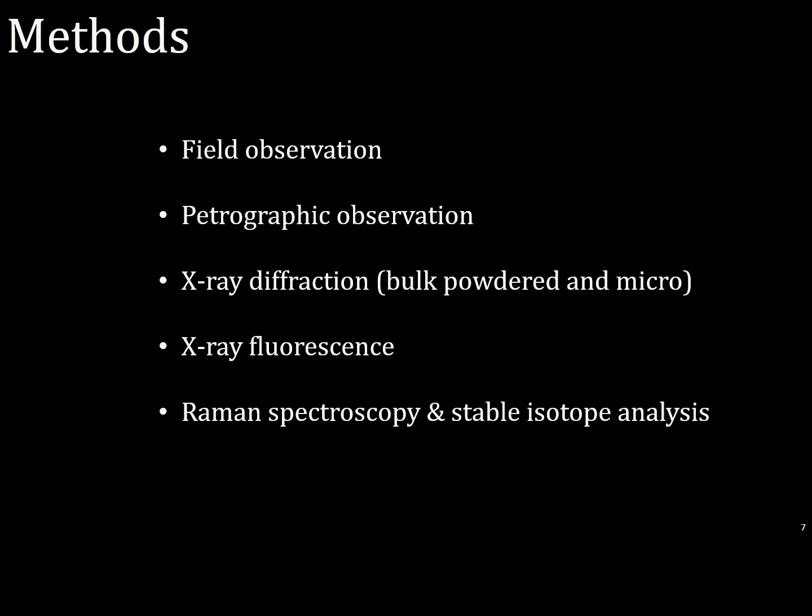The methods to do that: we went out and did field observation after selecting some sites to look at. We got our samples and did petrographic observation of those samples, trying to see if we had PBA.